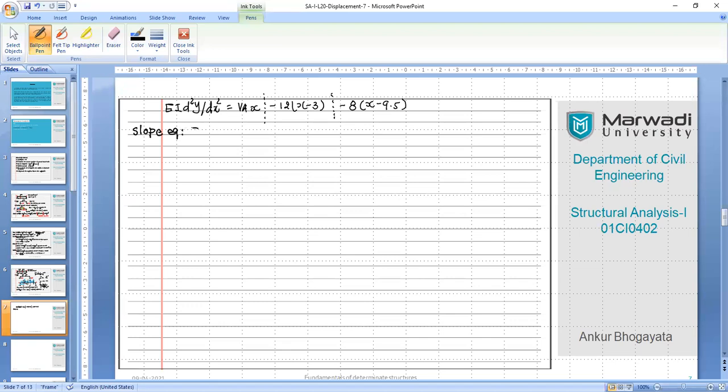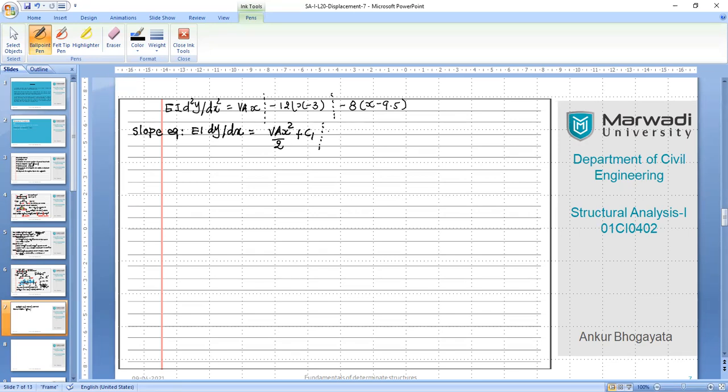That is given by the first integration of the above equation, dy/dx equals VA x² by 2. Please remember, whatever constant gets developed, you have to write it within the first segment of the equation itself.